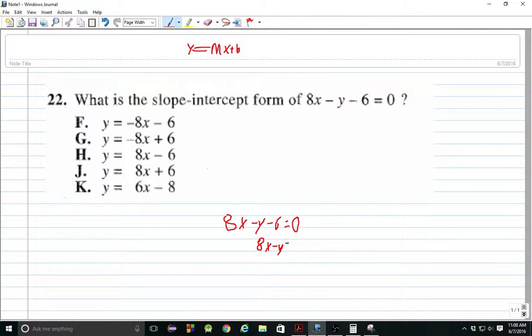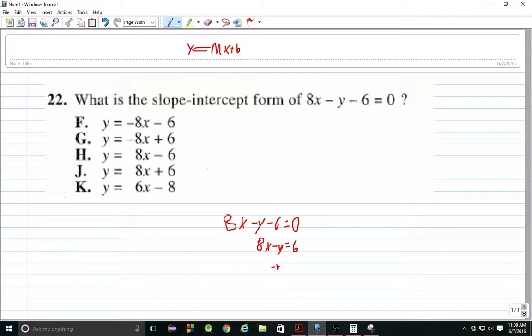This is the standard form of linear equations, and you could technically figure out that the slope is negative a over b, which is 8 here. But we're just going to do it the old-fashioned way and solve it.